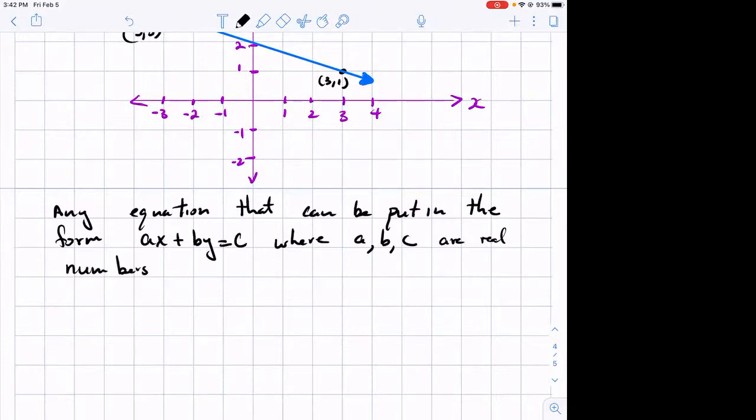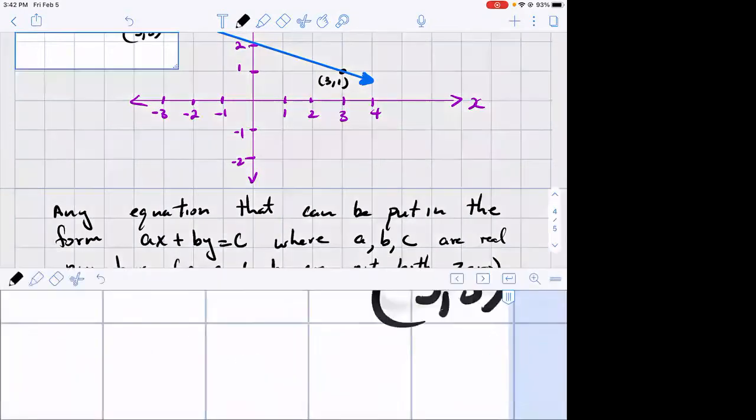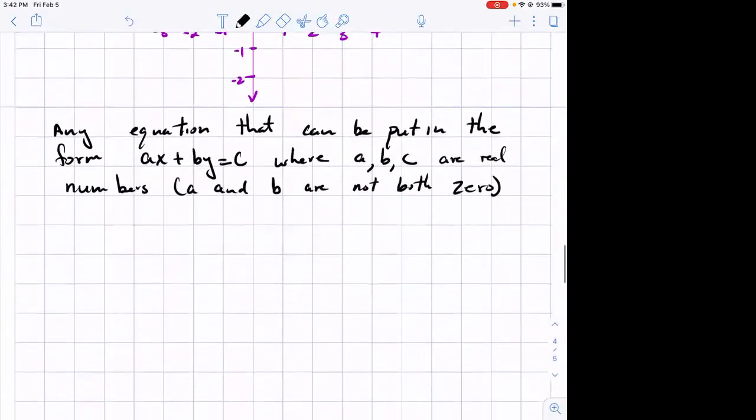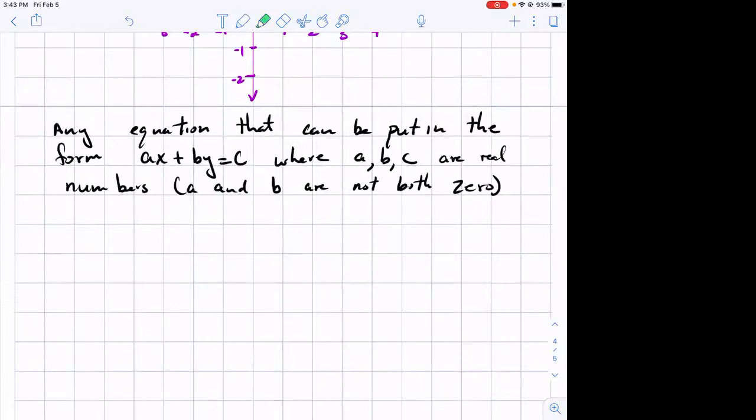And a and b are not both 0. We'll see that later on why we say they're both not 0. So this here, okay, is what we call the standard form. Okay, so ax plus by equals c is what we call the standard form.